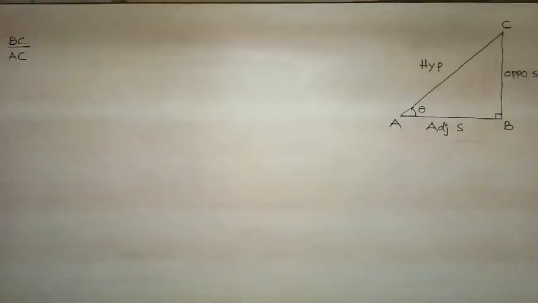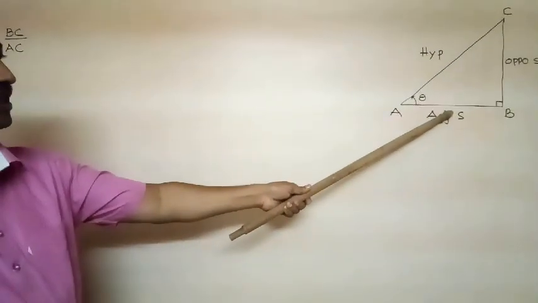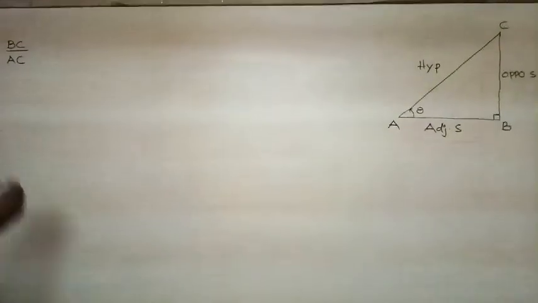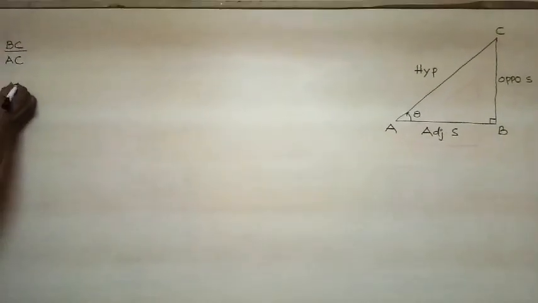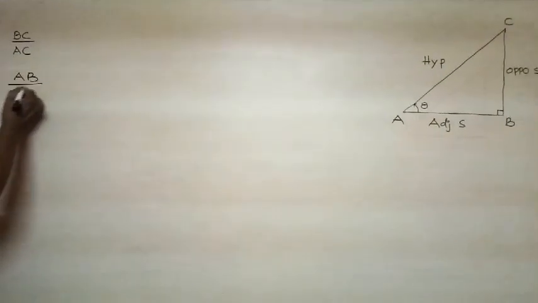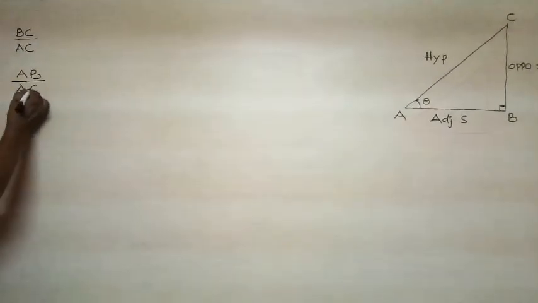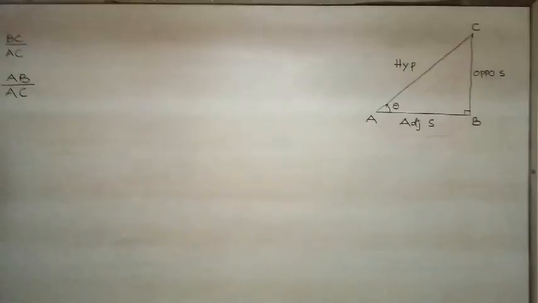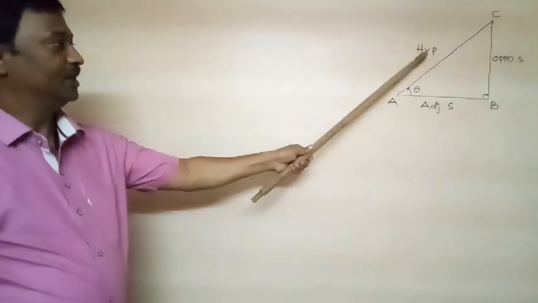Next, we may use AB and AC, that is the ratio AB by AC.